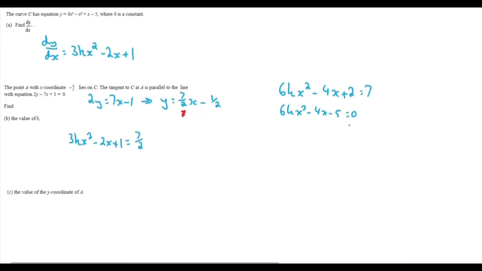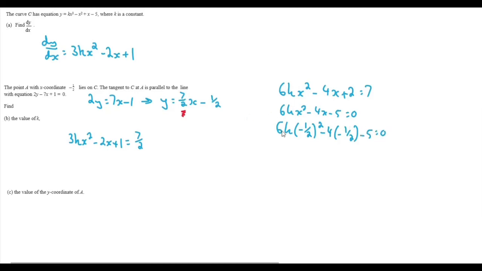At this stage, though, we still have two unknowns, and that is why the question has given us what the x-coordinate is, right? We can only solve it as one unknown, so they have to give us something to eliminate one of them. So what we can say is that it's 6k, but now it's minus a half squared, minus 4 lots of minus a half here, minus 5 equals 0.